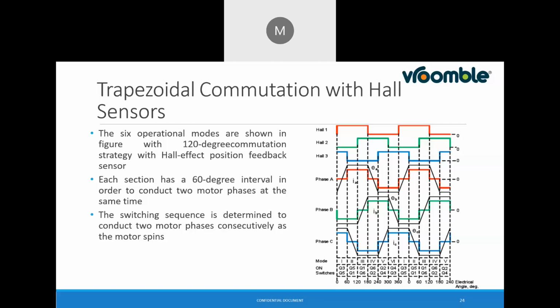So you can see from 0, 60, 120, 180, the 360-degree rotation is achieved, and once that rotation is completed, again the same sequence will be followed, right? And this is how the rotation will be continued in trapezoidal commutation. So that is nothing but the 6-step commutation or controlling method.